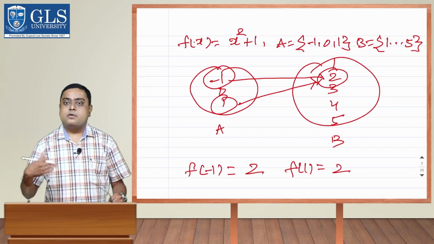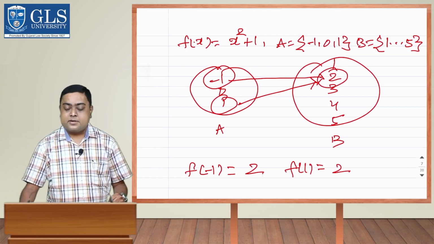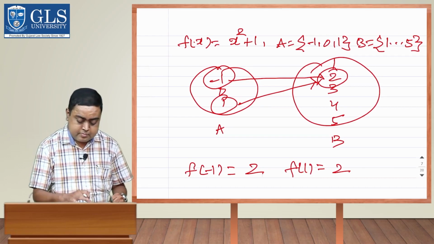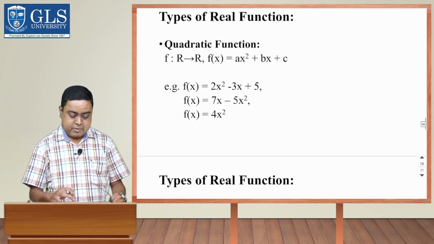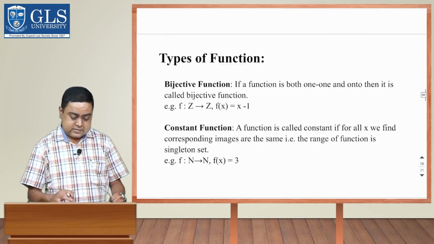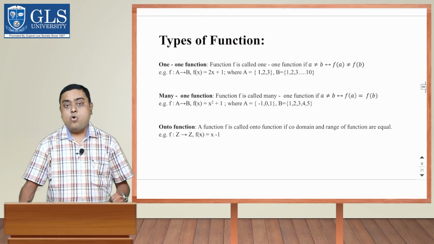So I think with this example the concept of many one is clear to all. Now let me take another type of function. My next type of function is onto function.